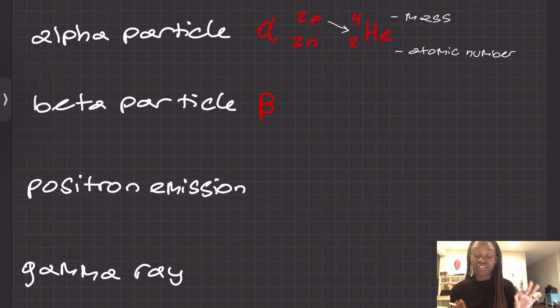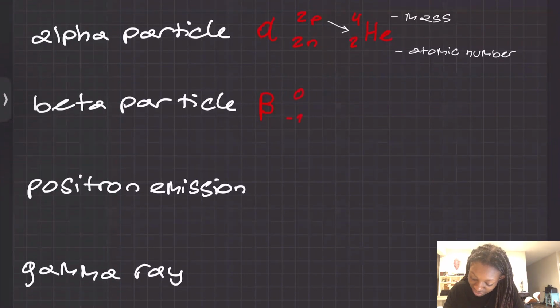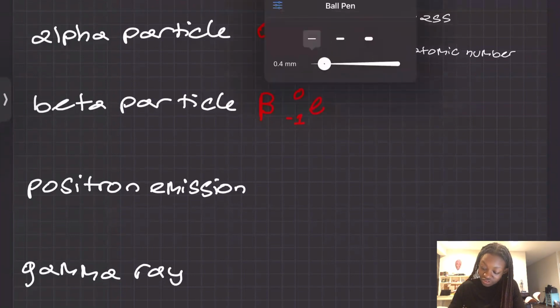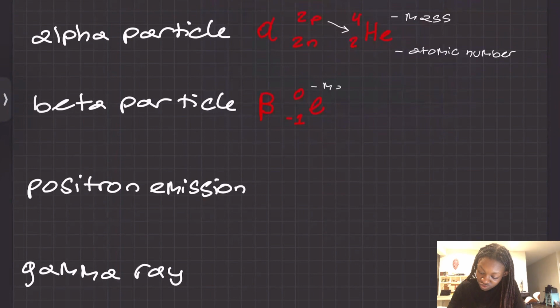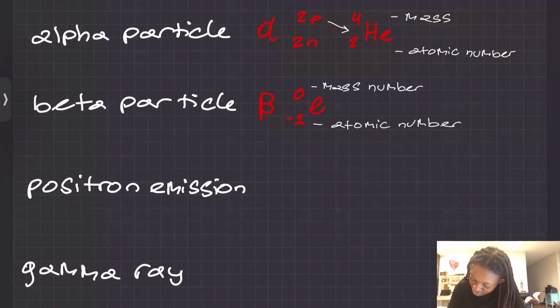It has no mass, so it has no mass number, but it's got an atomic number of -1, giving it a charge of -1. It can be represented like this, the e meaning electron. Obviously this here is the mass number, so no mass, but it has a charge of -1, as you can see represented in its atomic number.